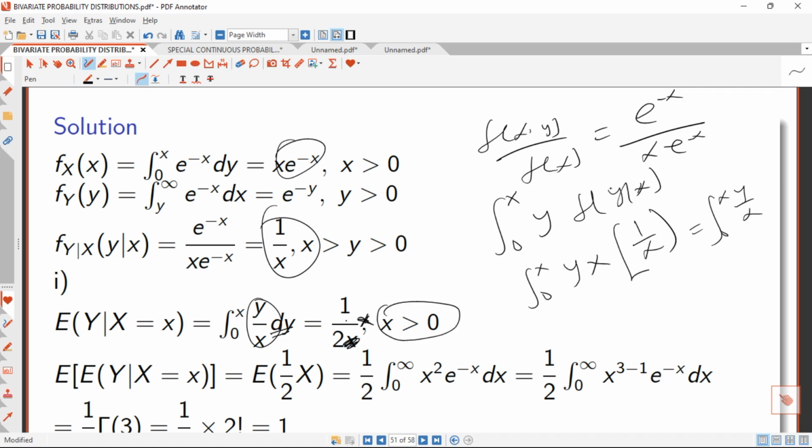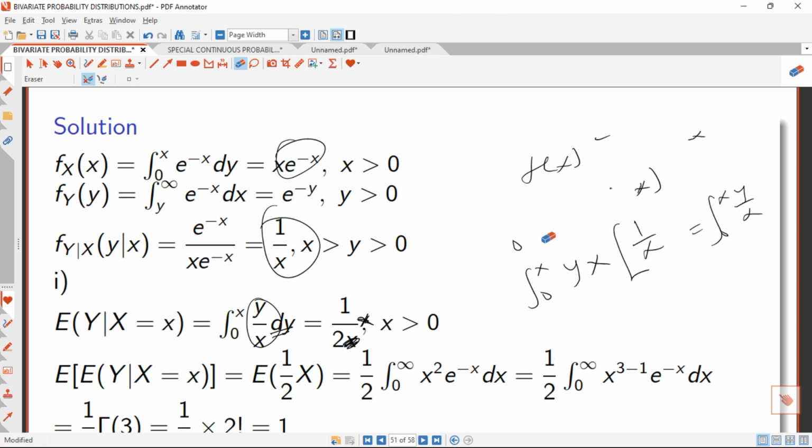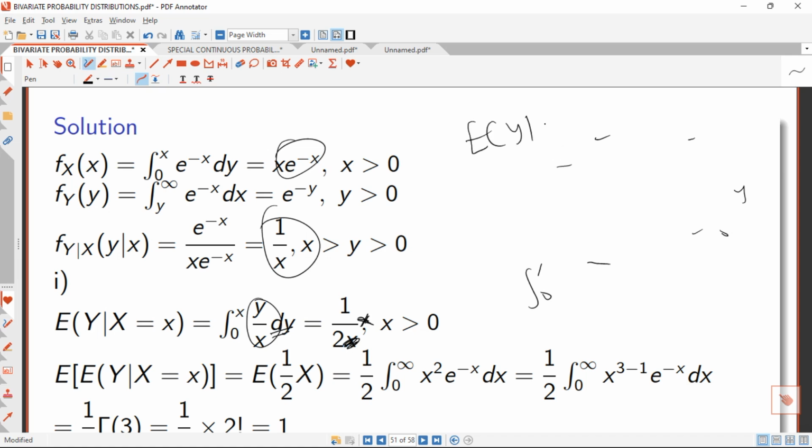So right now I've been able to get the conditional expectation of y given x, which is giving us 1 over 2 times x.